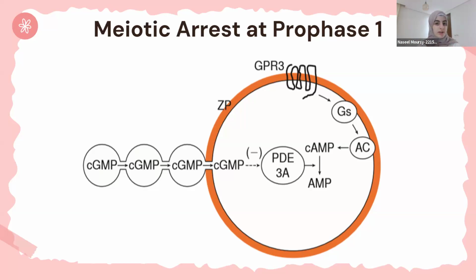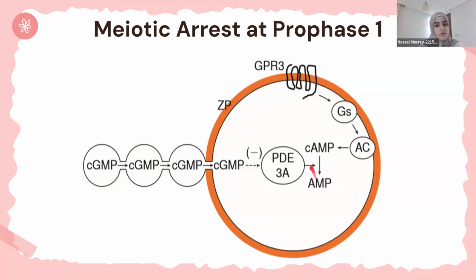Okay? When these bind together, they form something called an MPF, which is mitotic promotion factor. Now, if you have protein kinase A, PKA phosphorylates these cyclins and cyclin-dependent kinases. So can they bind? No. And because of that, you don't get the formation of the MPF, and you cannot go through meiosis.